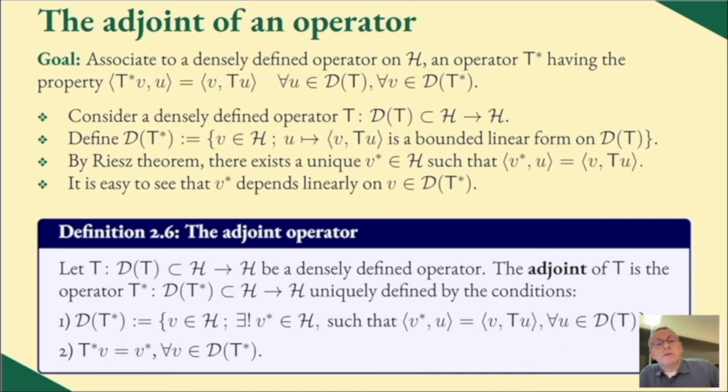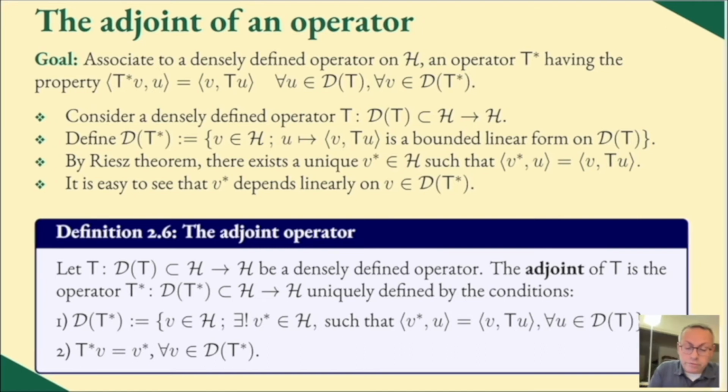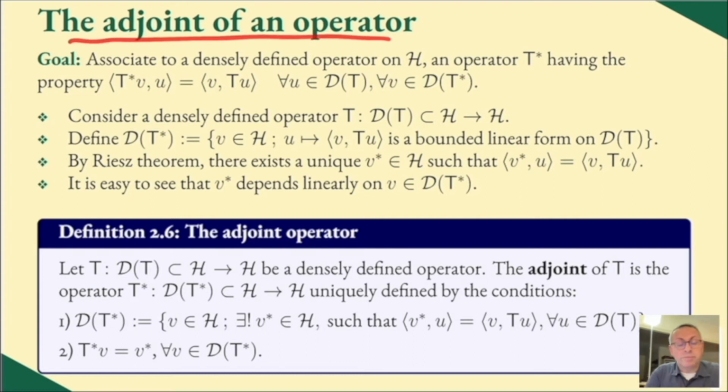Now I want to define a very important concept. That's the notion of the adjoint of an operator. It will be crucial for our discussion in lecture 3. So it is basically the generalization to our setting of the adjoint of a matrix that you know from linear algebra.